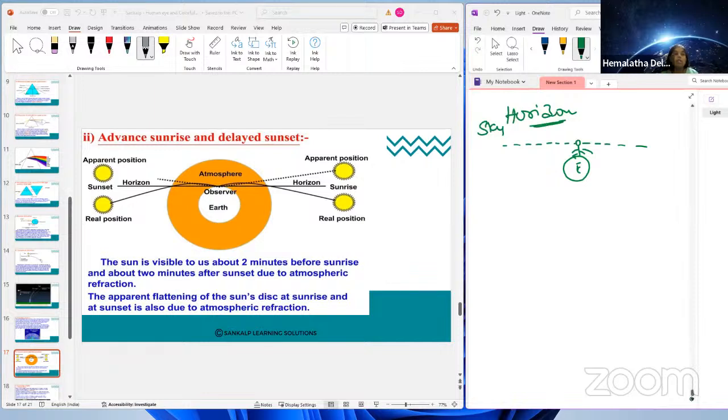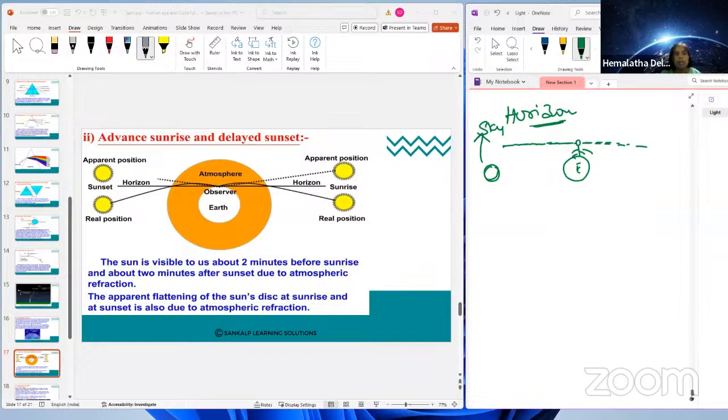Now, what actually are sunrise and sunset? The horizon is exactly on the line of our eyes if we stand like that. Sunrise means the sun comes from below the horizon up.